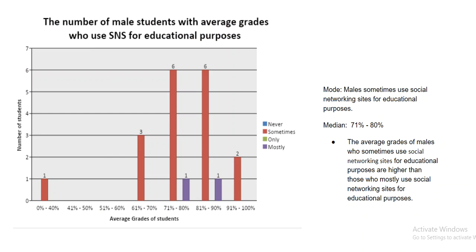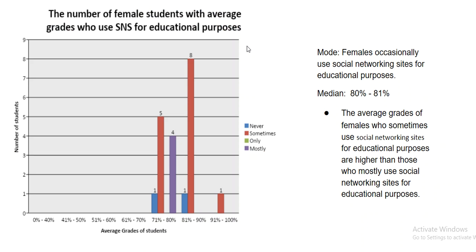The average grades of males who sometimes use social networking sites for educational purposes are higher than those who mostly use social networking sites for educational purposes. The data also shows that females occasionally use social networking sites for educational purposes.